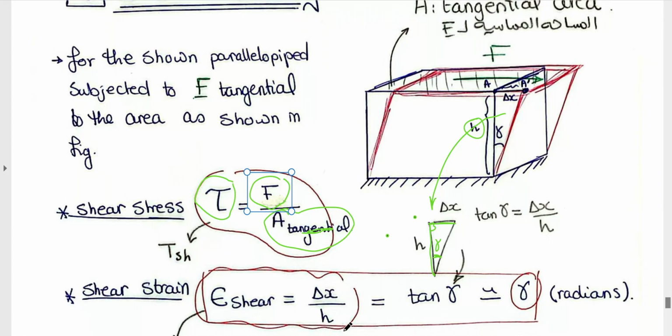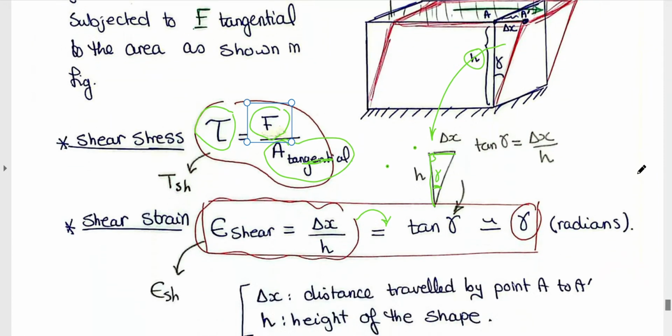So delta X over H is tan gamma, another form of the shear strain. But for small angles, tan gamma approximately equals gamma, which is in radians.